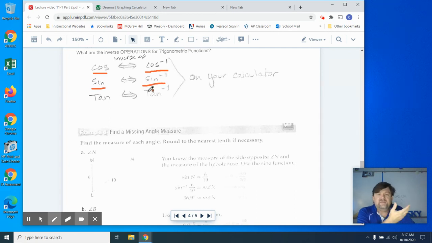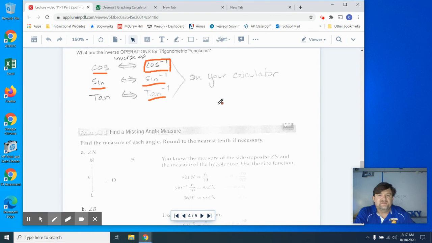The inverse sine, these are actually called arc sine, arc cosine. What we're looking for on our calculator is written just like this. They're buttons that look just like that, and they're usually above the regular ones. So you're going to use your inverse function on a calculator. If you look at cosine on your calculator, above it will be cosine to the -1.